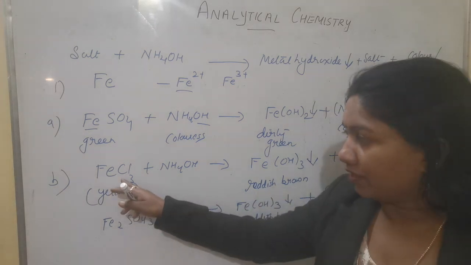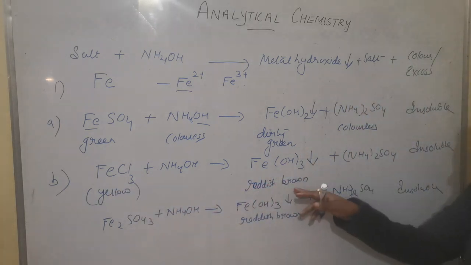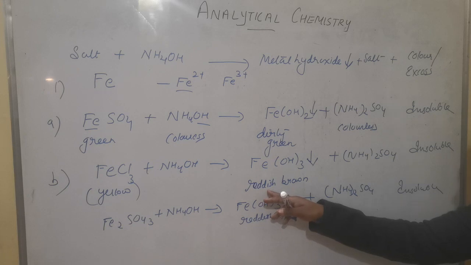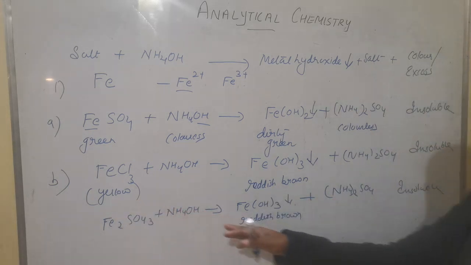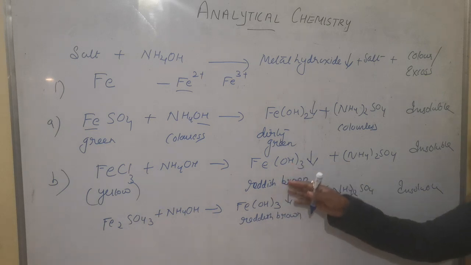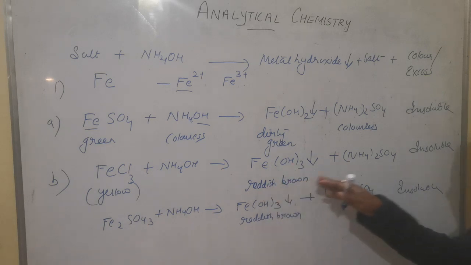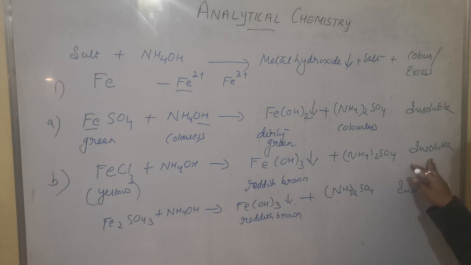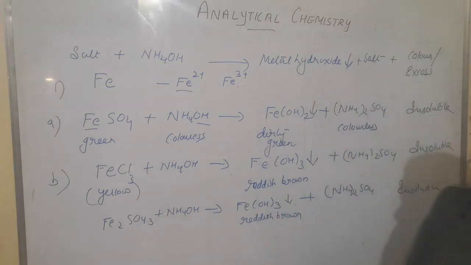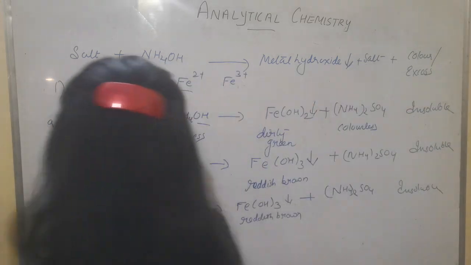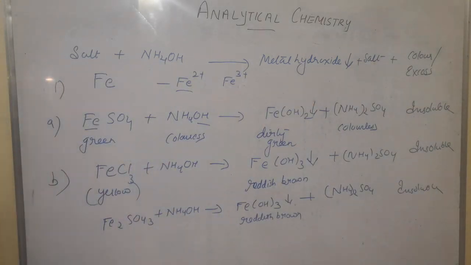Then we took ferric chloride, got the same precipitate but this time it is of reddish brown color because ferric salt is yellowish brown in color. So that is why the precipitate that we got over here is reddish brown in color and it will remain insoluble in excess of ammonium hydroxide. And one more example, ferric sulfate, we have taken here.